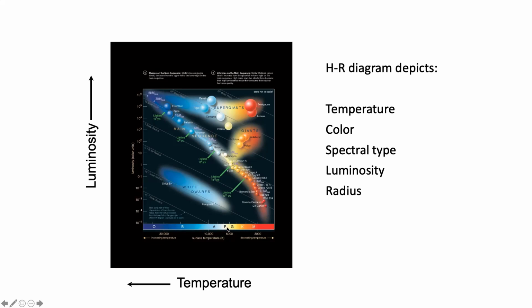So O, B, A, F, G, K, M, where M is the coolest spectral type in terms of temperature, and O is the hottest. M stars are red usually. O stars are blue, very, very blue. And in between, we have stars that are lighter blue, orange, yellow, white, and so on and so forth.